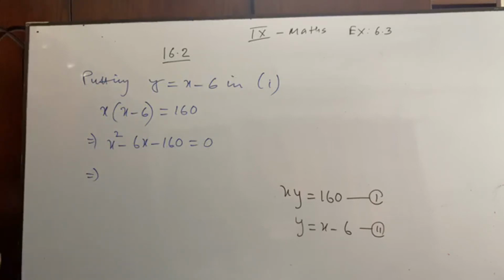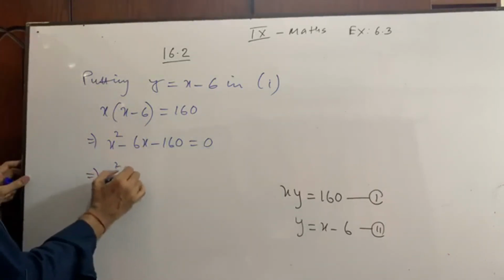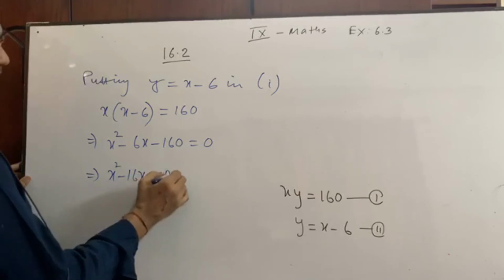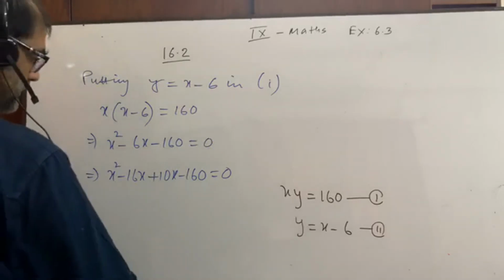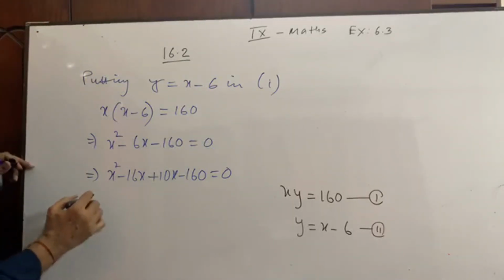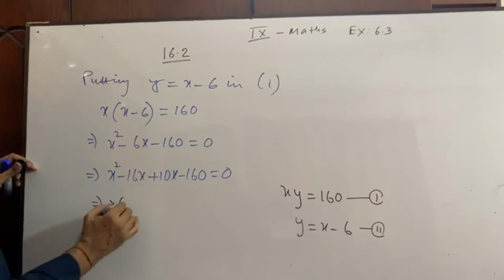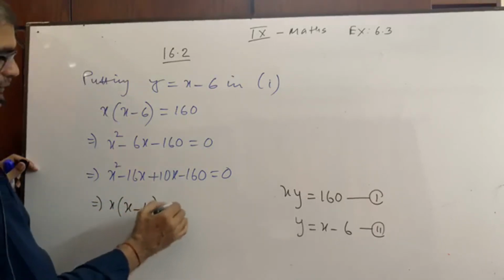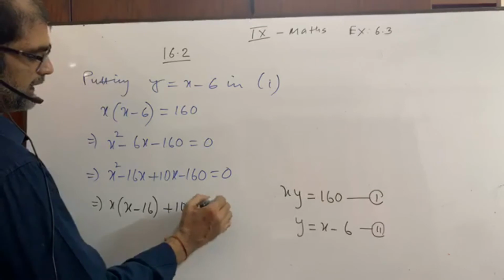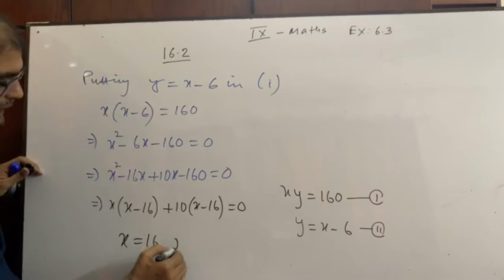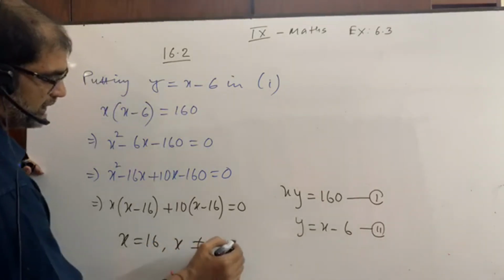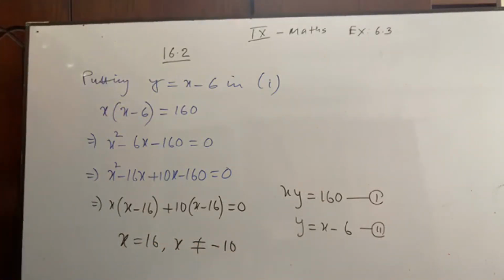We will get x square minus 16x plus 10x minus 160 equals 0, that is (x minus 16)(x plus 10) equals 0, and from here we get x equals 16, and x is never minus 10 because length cannot be negative.